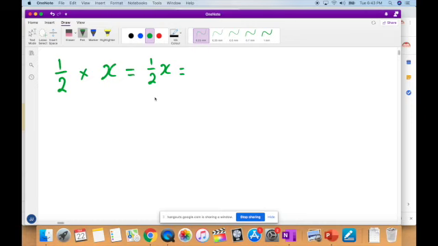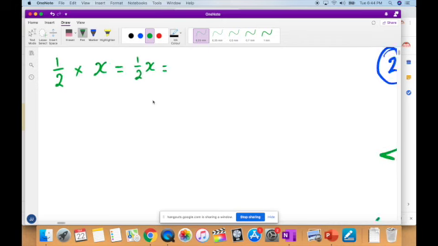Usually we put the number first before the unknown in a multiplication, and this number is called the coefficient: the number that comes with the unknown.